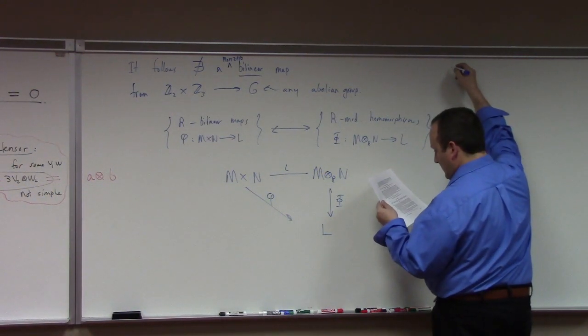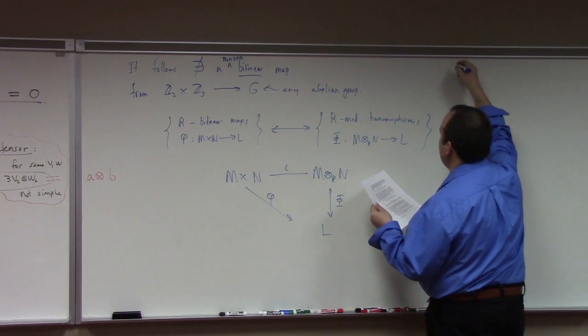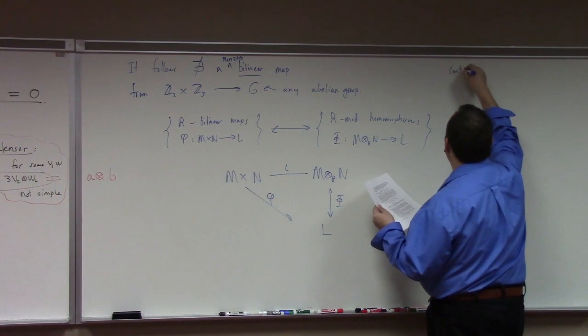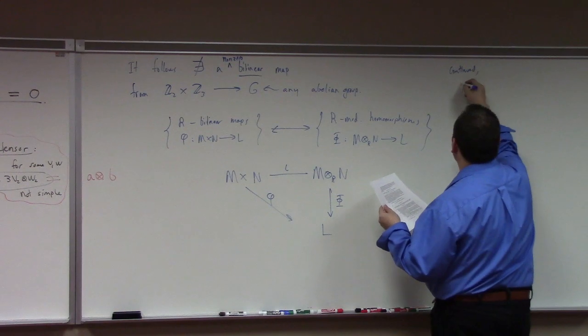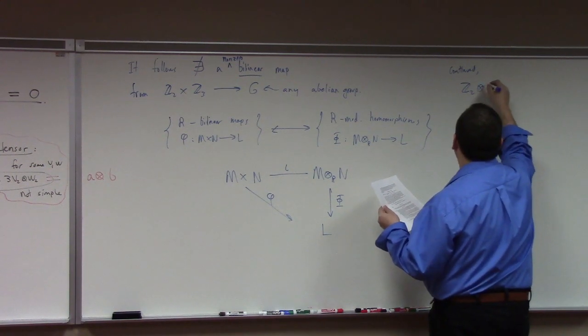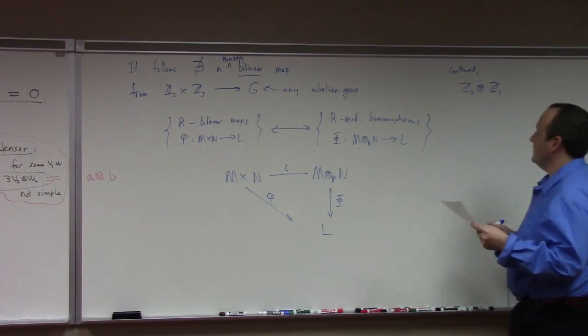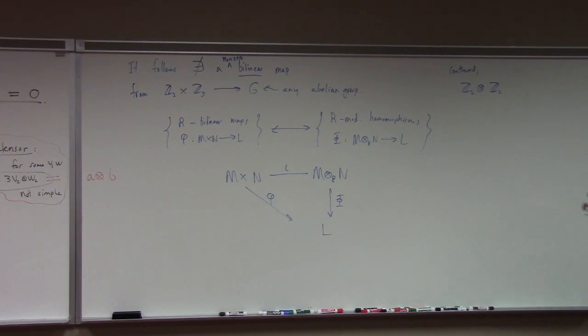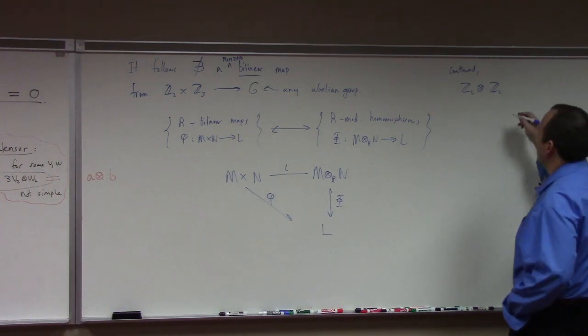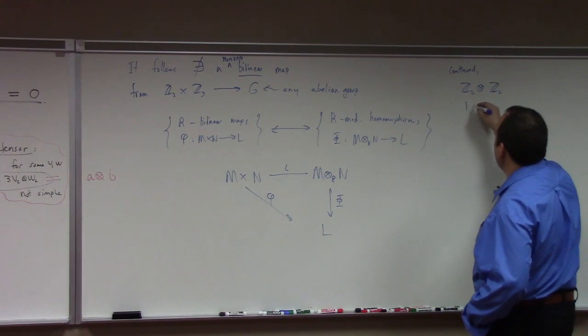Actually, it's the same example continued in his book. He looks at Z2 tensor Z2. What's the deal with this? Can you describe what this tensor product looks like? Well, simple tensors would be what?